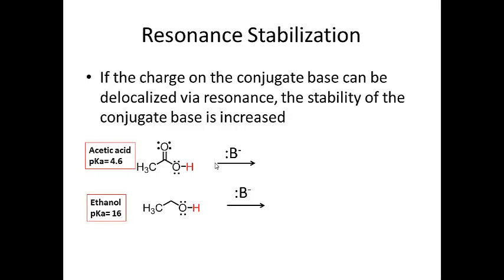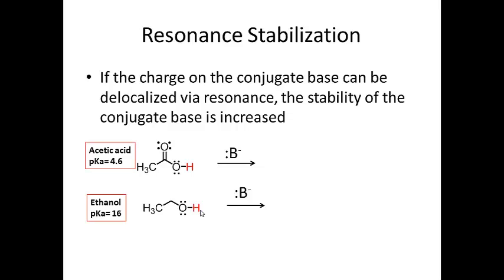So here's acetic acid with a pKa of 4.6, and here's ethanol with a pKa of 16, and the hydrogen that's going to be deprotonated is highlighted in red. First thing I want you to notice is the difference in the pKa between acetic acid and ethanol. Acetic acid is 4.6, ethanol is 16. That's a huge difference in chemistry for the pKa.